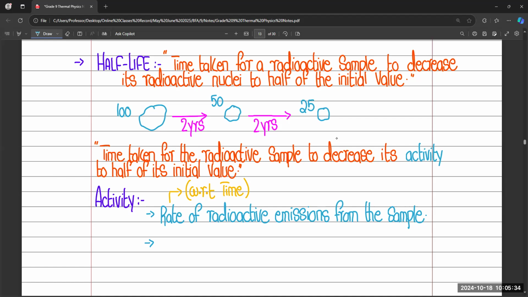Or if you find the first term difficult to explain for activity, you can write down a simple one: number of radioactive emissions or radiations per unit time.